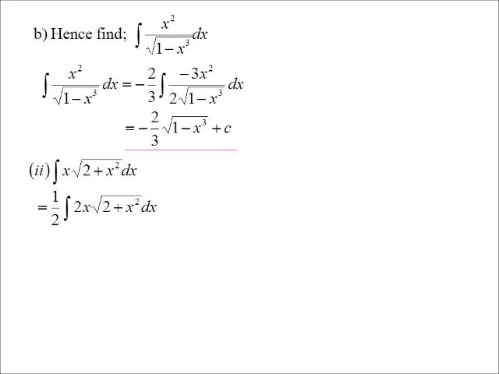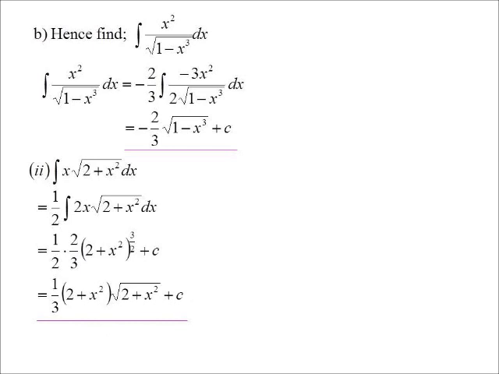The integral is now in the form derivative times the function to some power, that power being a half. So now I can simply add 1 to the power over the power. The 2's cancel, and writing it in super mathematician form, of course, a mere mortal might leave it as power of 3 on 2, but not us: 2 plus x squared, square root of 2 plus x squared.